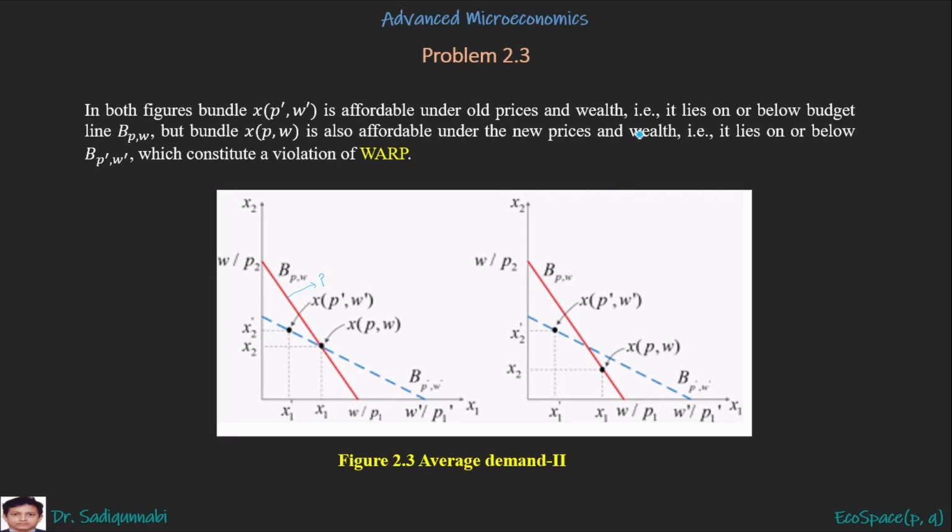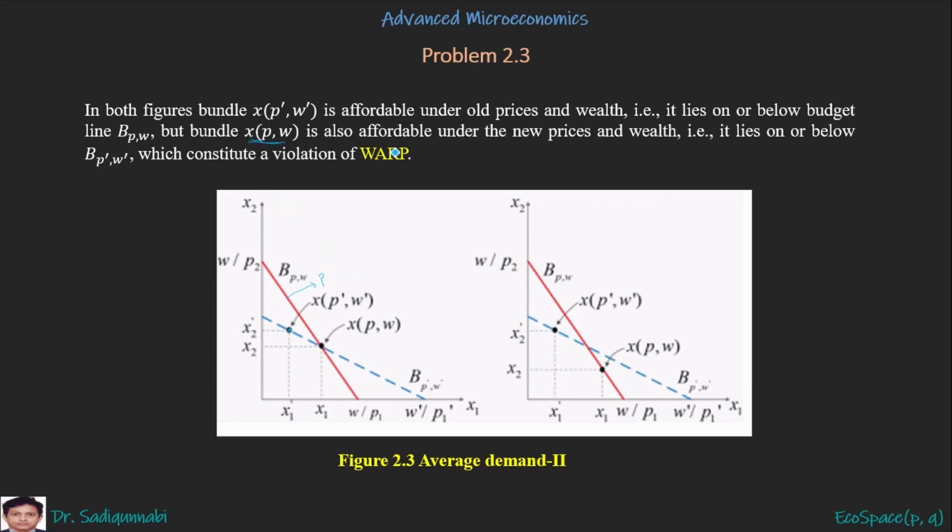The new bundle is lying below the red line. That means the old bundle with old price, but the bundle X is also affordable under the new prices.